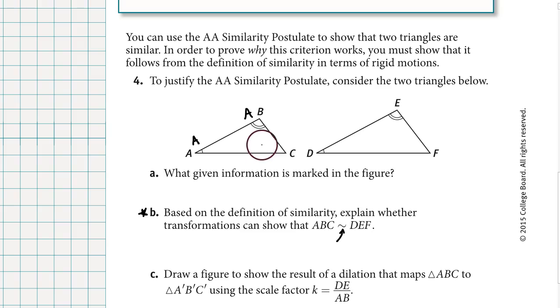And then these triangles are not in the same location, so we would need a translation to the right to slide the first triangle onto the second triangle. We could do that as well. So we can show that these are similar because a dilation followed by a translation would map triangle ABC onto DEF. And that's our proof that angle-angle similarity works.